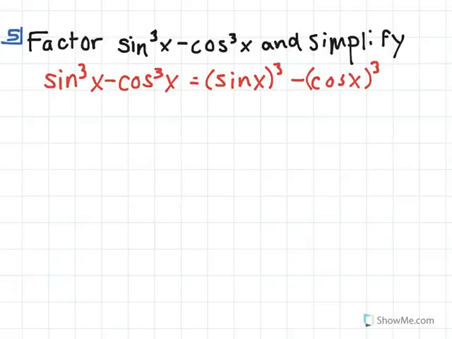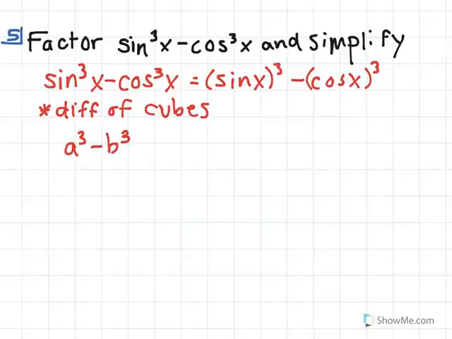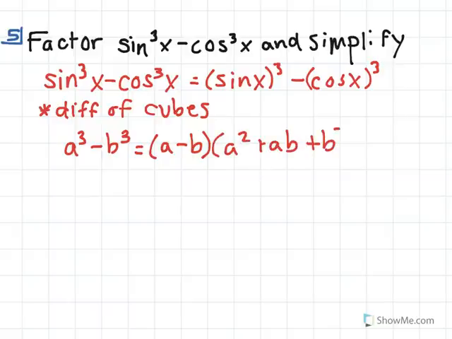Now when it's in this form, it's really easy to spot that this is actually a difference of cubes. So remember, our formula for difference of cubes is a cubed minus b cubed equals a minus b times a squared plus ab plus b squared.